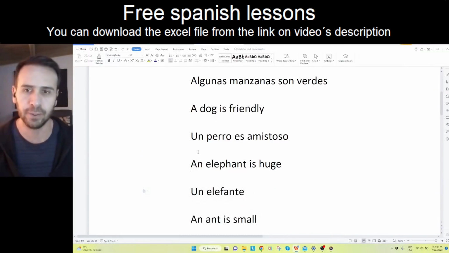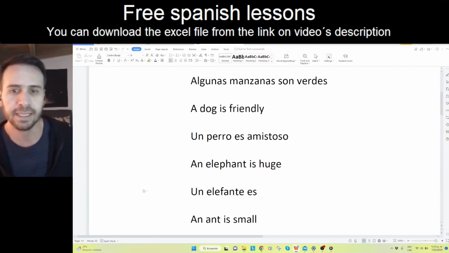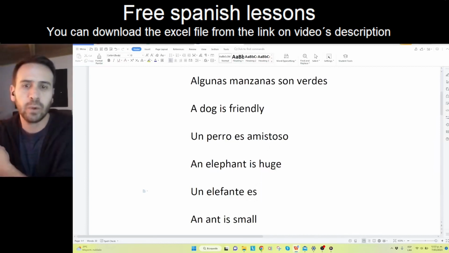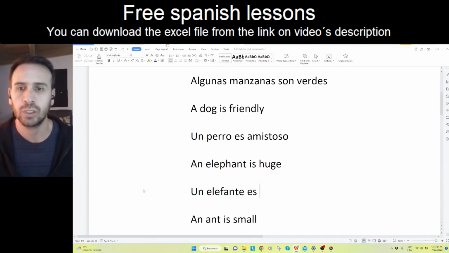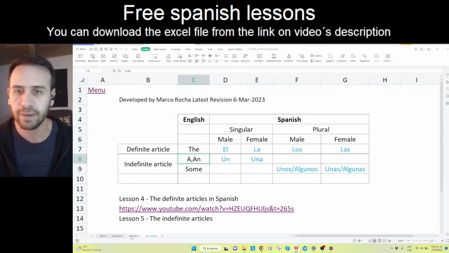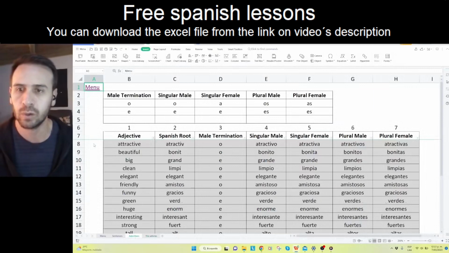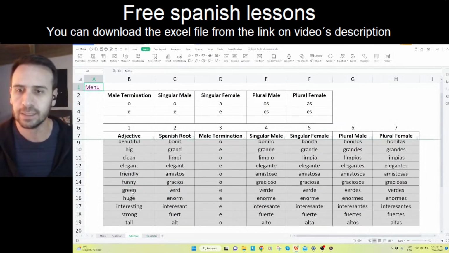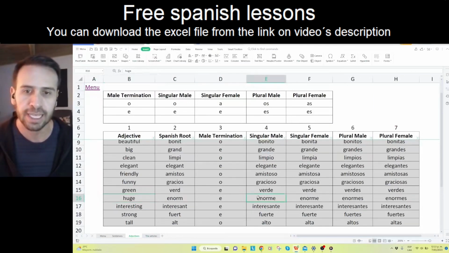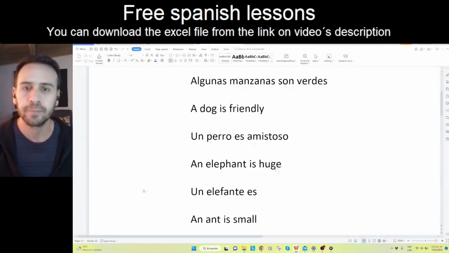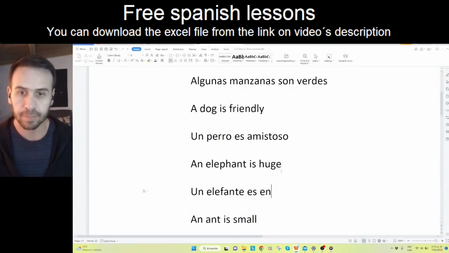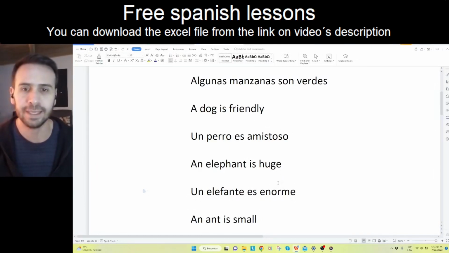Same as for the sentence of the dog, the form of the verb to be is es, and then we have to find out huge. I think that we already have huge in the adjectives list, so we need to go to huge. Huge, enorme. Un elefante es enorme. An elephant is huge.